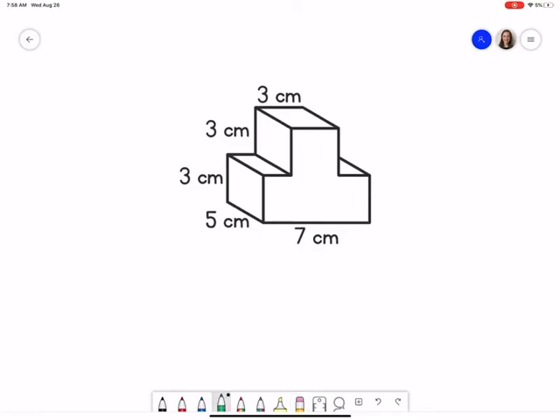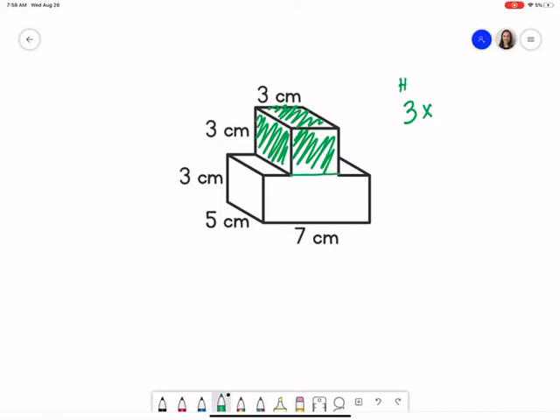So first, let's do this green box. And we talked about how this green rectangular prism has a height of 3. Okay, so 3 is the height. It has a height of 3.